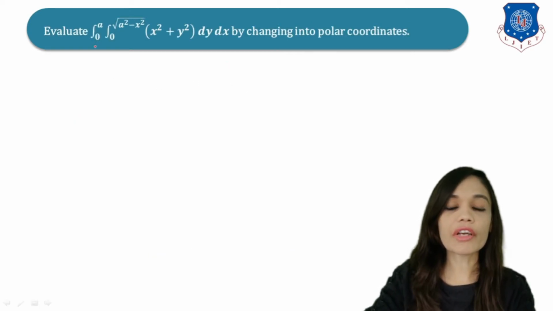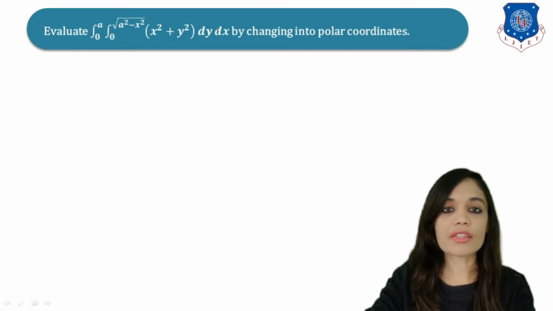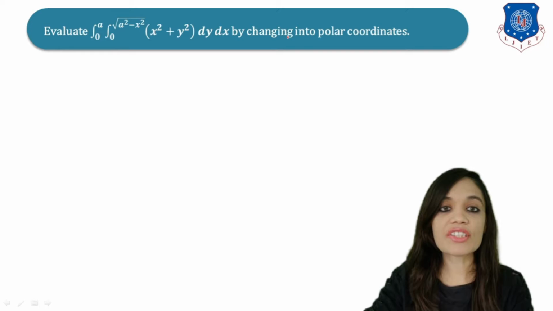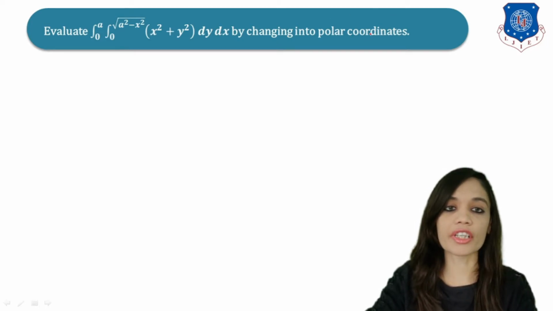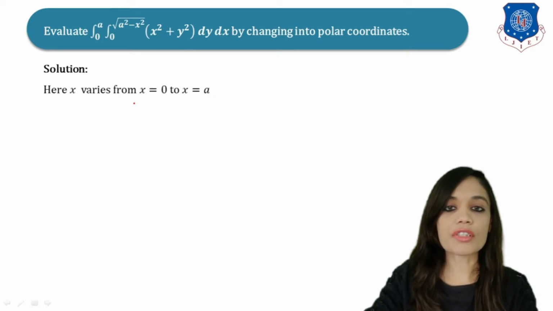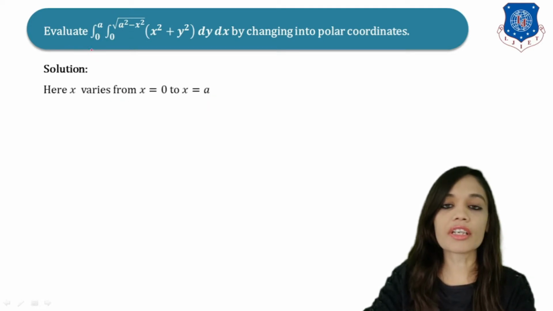Here we have to evaluate the double integration from 0 to a, 0 to square root of a square minus x square, of x square plus y square dy dx, by changing into polar coordinates. So here we have to compulsorily change our given question into r and theta form. Let us start with the solution. Firstly, we will write our given limits.